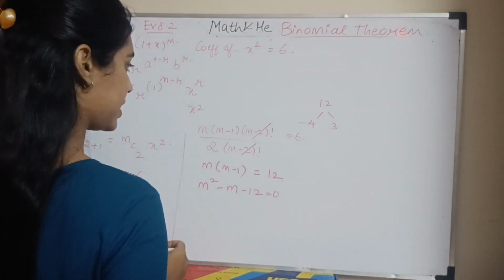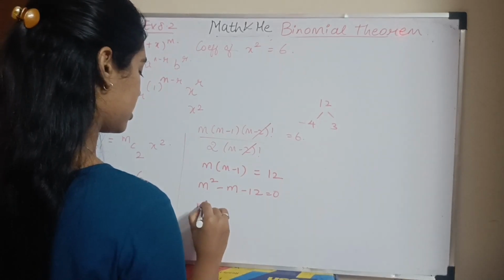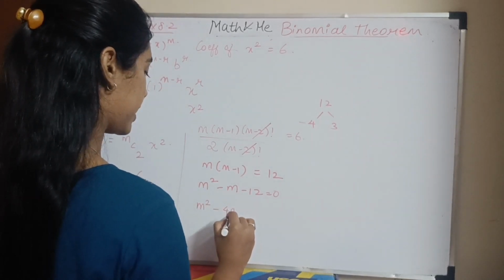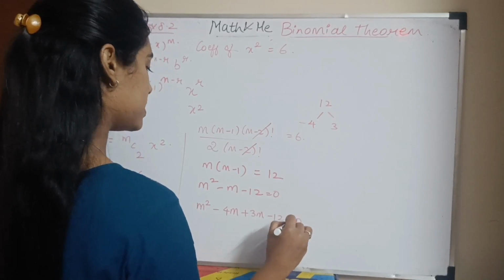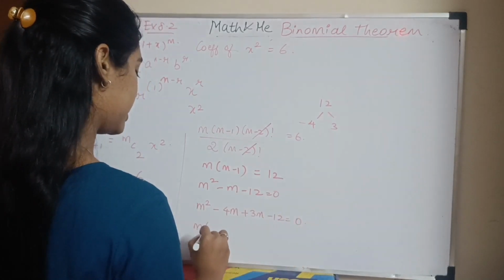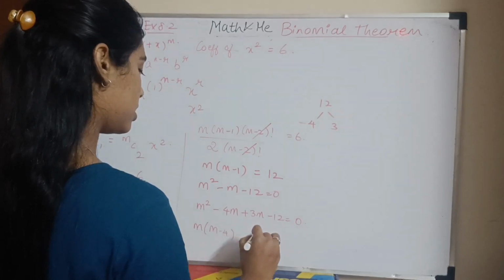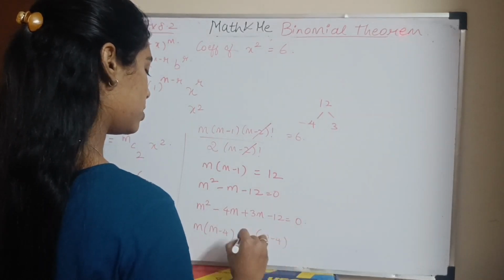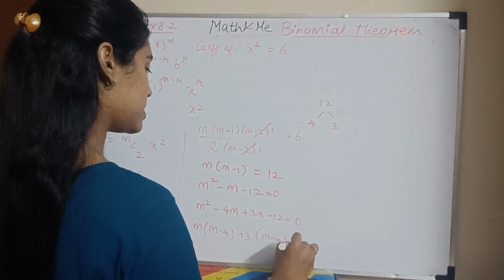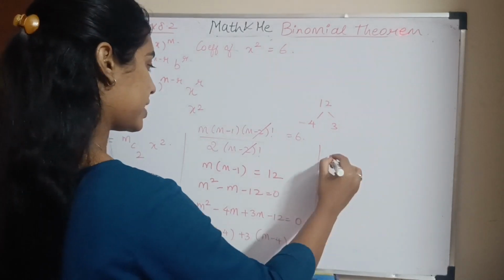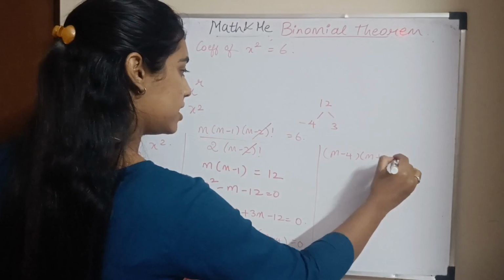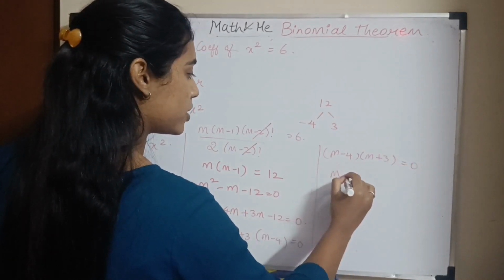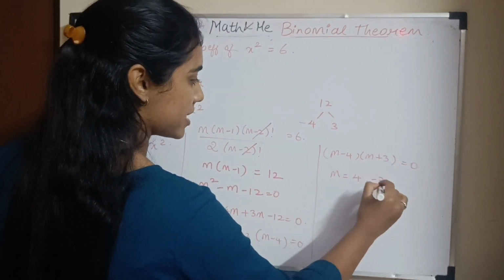So I have m square minus 4m plus 3m minus 12 equals 0. So taking common, m minus 4 times m plus 3 equals 0. So my m values are 4 comma minus 3. Okay.